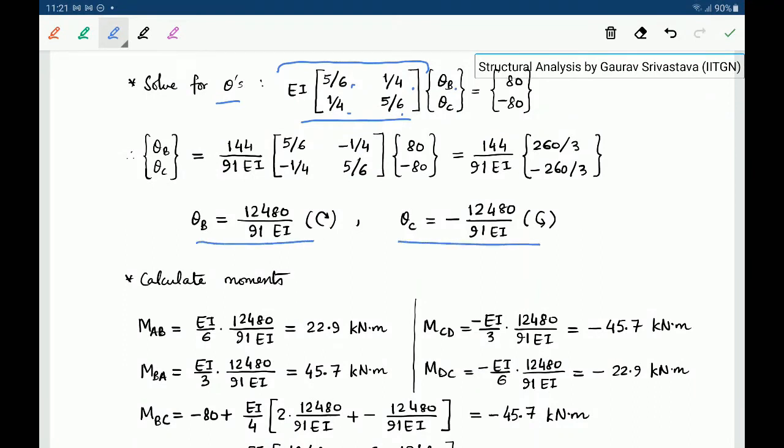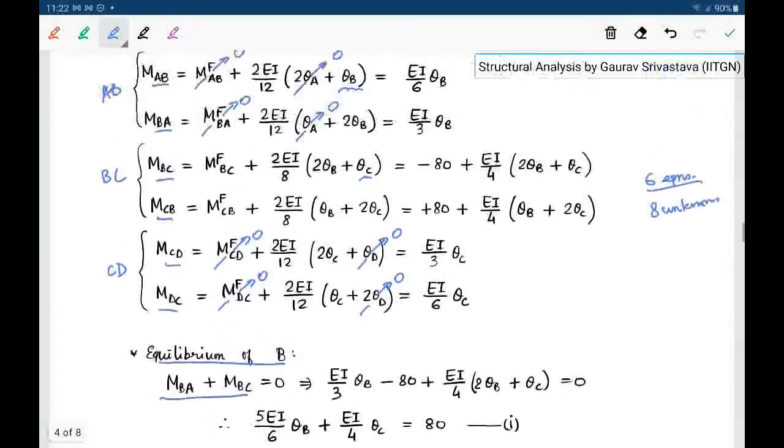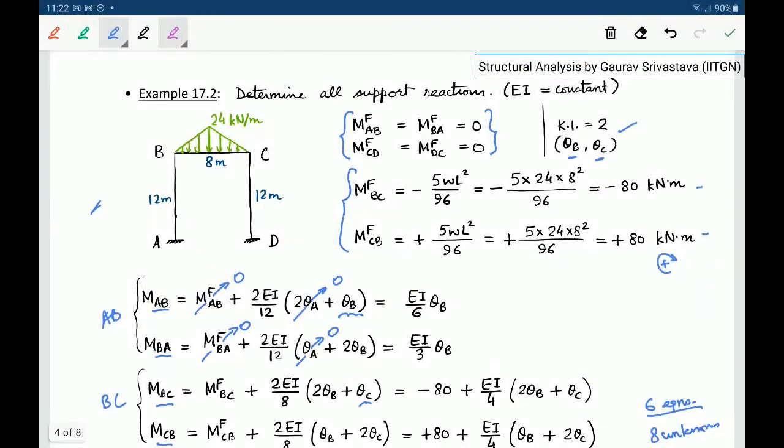So what we see is that theta B comes out to be positive, which means it is clockwise. Theta C comes out to be negative, which means it is counterclockwise. Another thing is that theta B and theta C are equal in magnitude but opposite in direction, which is also expected because this is a symmetric structure. So it is possible to draw a line of symmetry at the mid of the structure, right? So this is like a mirror image.